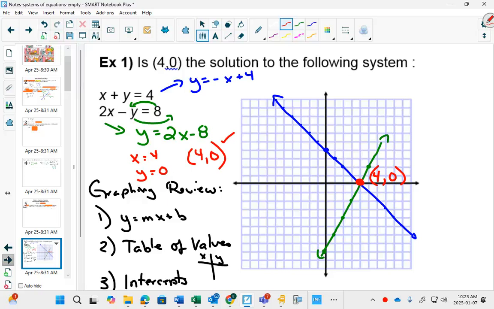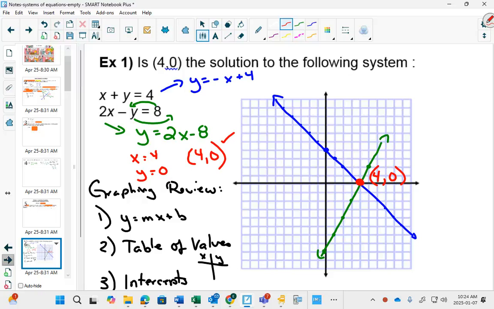Now you have to decide at this moment, in this question, what do you think would have been faster for you? Guessing and checking, or drawing both graphs? Some people might say, I think I could have got it quicker guessing and checking.